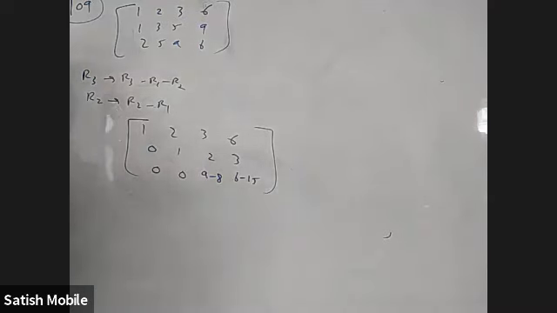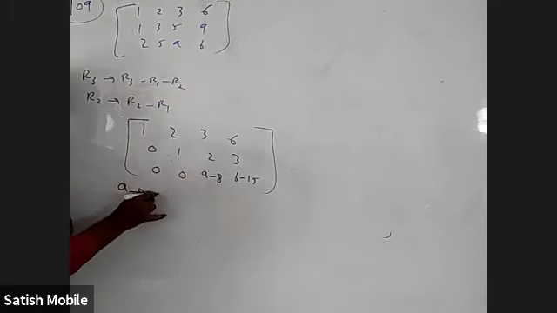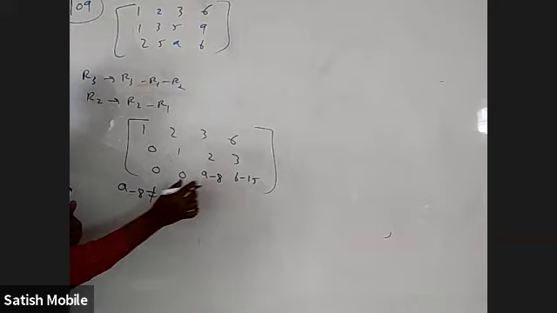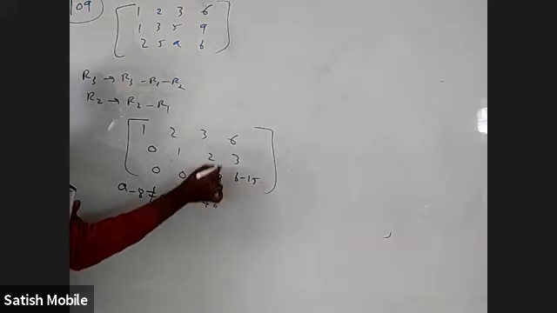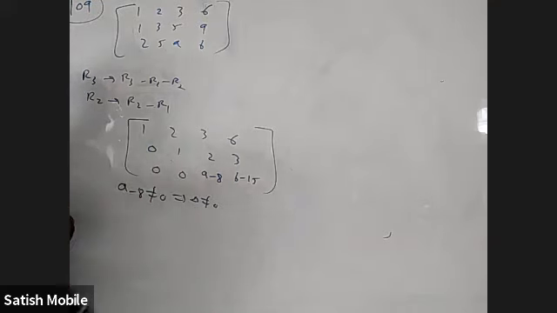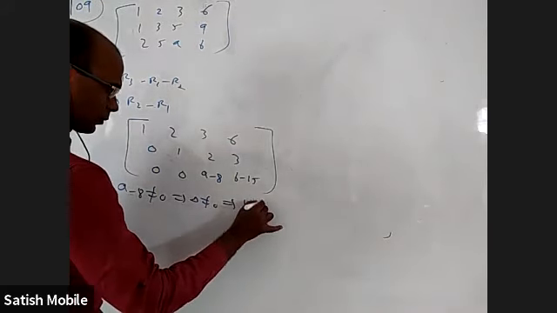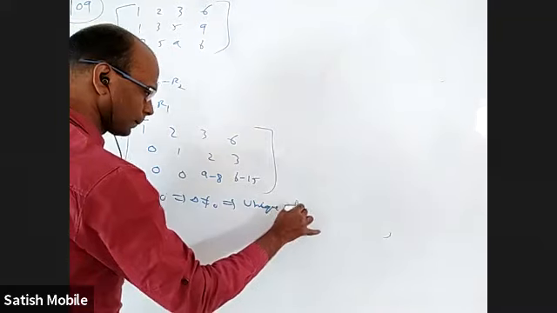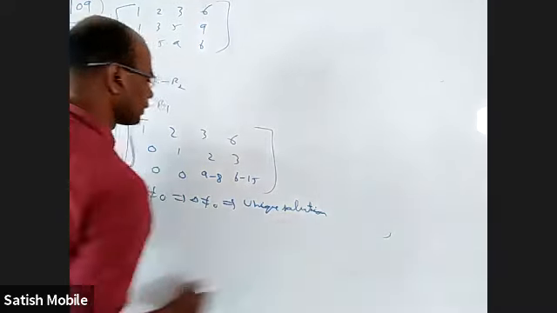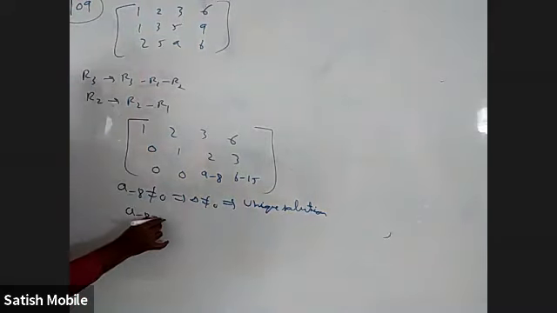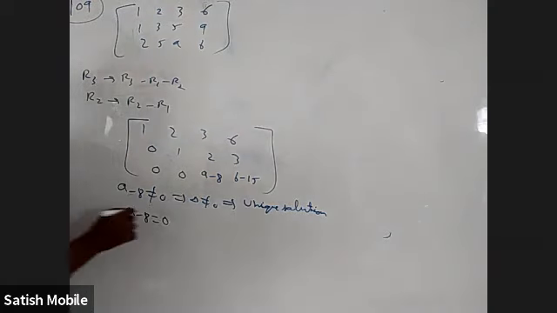Okay, now A minus 8 not equal to 0. If this number is non-zero, delta will not be 0 because the delta of this is simply this into this into this, which is unique solution. Now with A minus 8 equal to 0, two cases.